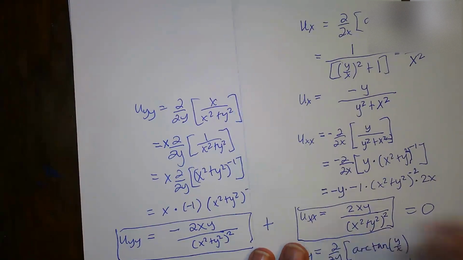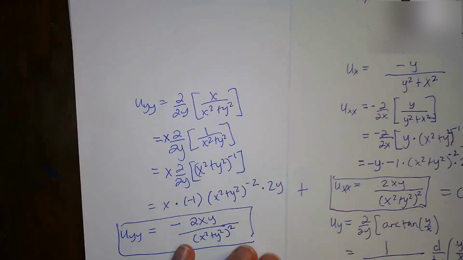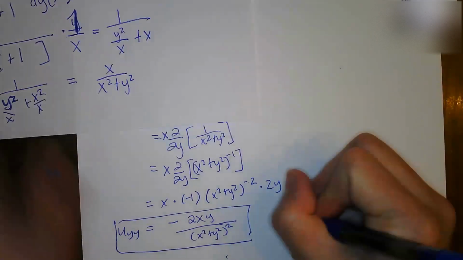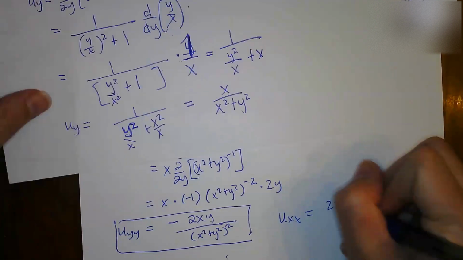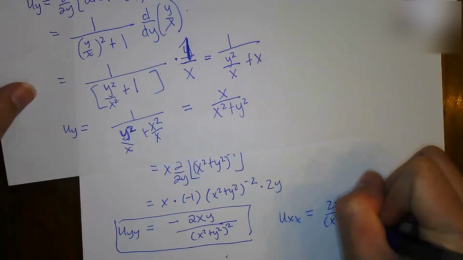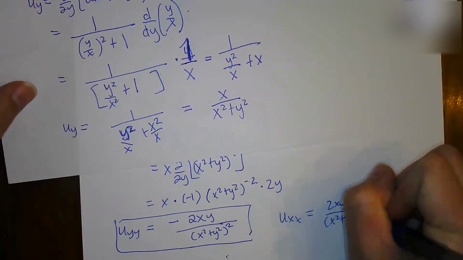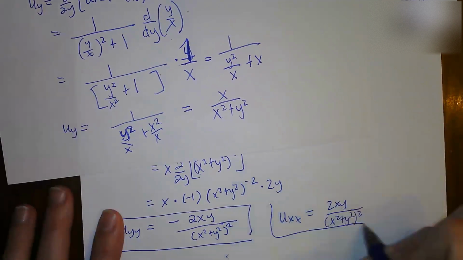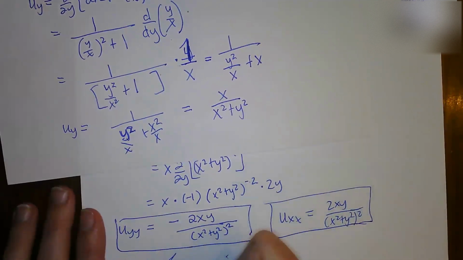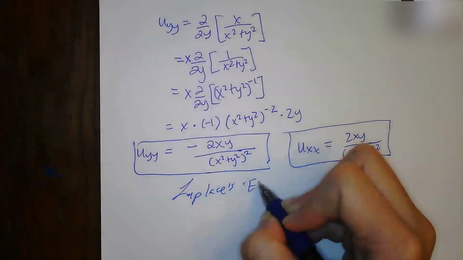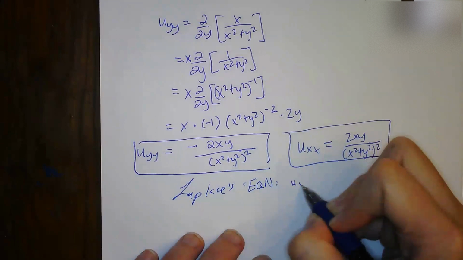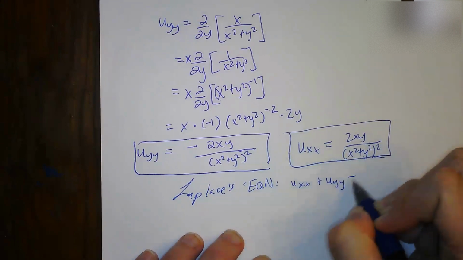And so u of xx, we'll just write u of xx up here, is 2xy over x squared plus y squared, squared. So that's what u of xx is. And Laplace's equation is u sub xx plus u sub yy is equal to 0.